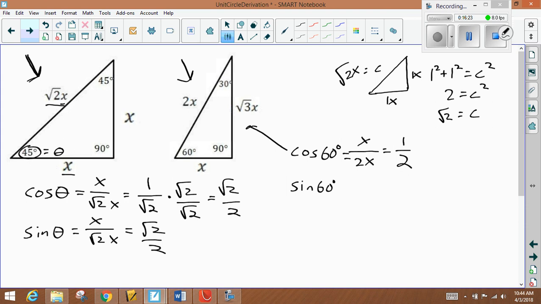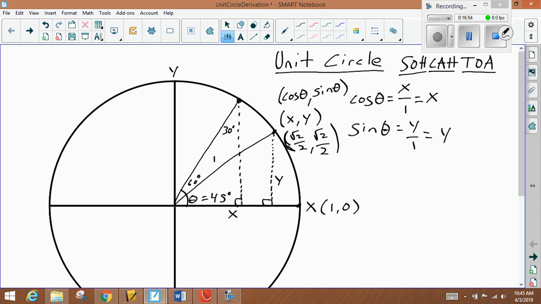And sine of 60 degrees is going to be opposite over hypotenuse. And there we go. We found our x and our y coordinate of each of these points for our 60-degree triangle. So this has the coordinates 1/2 and root 3.